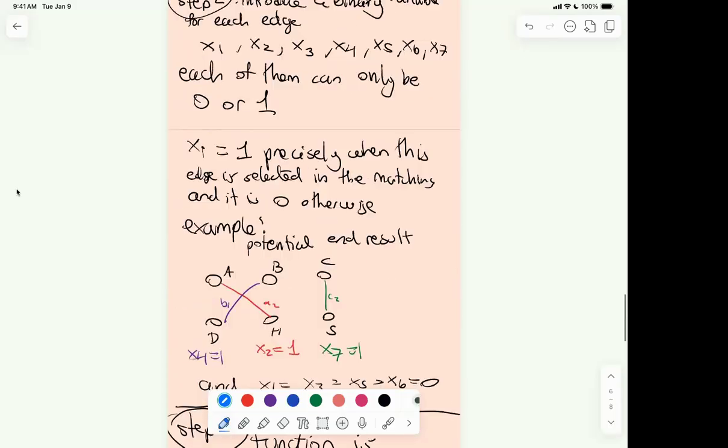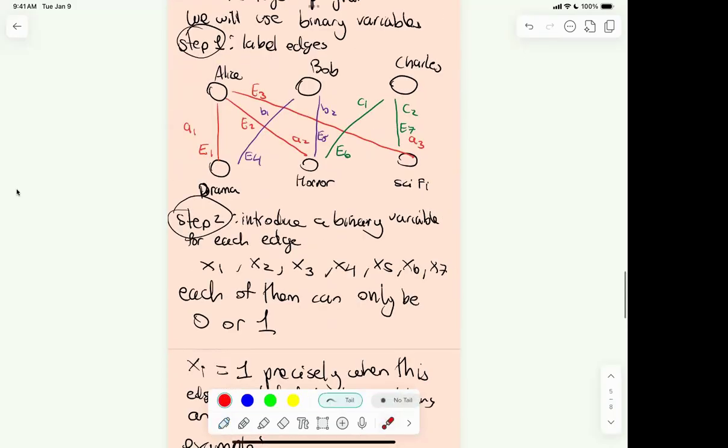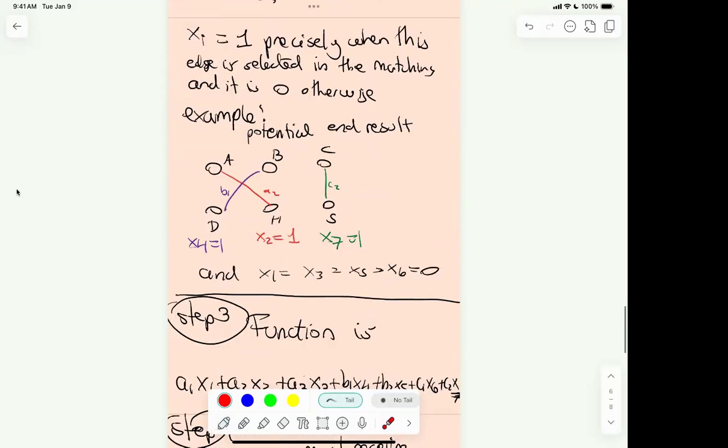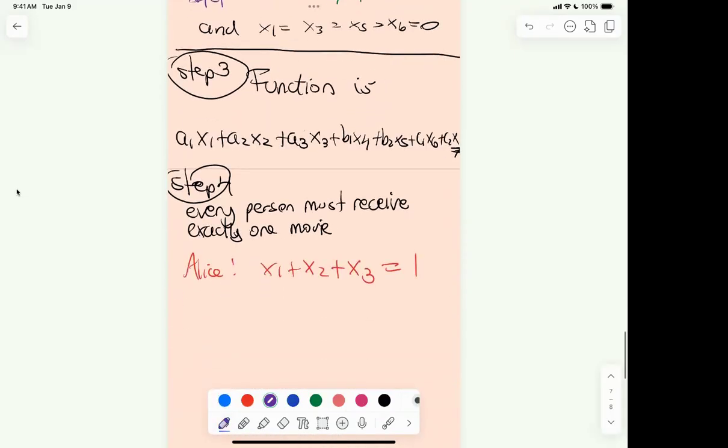Okay, let's go to Bob. Bob has edges 4 and 5 attached to him, so we want to activate just one of those two edges. The condition for Bob would be that x4 plus x5 equals 1.